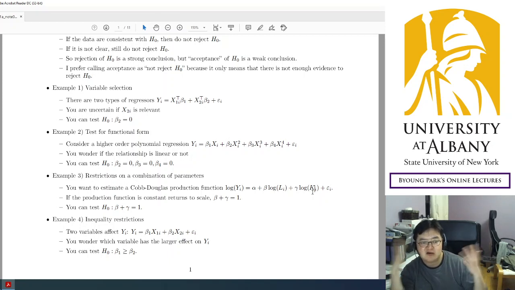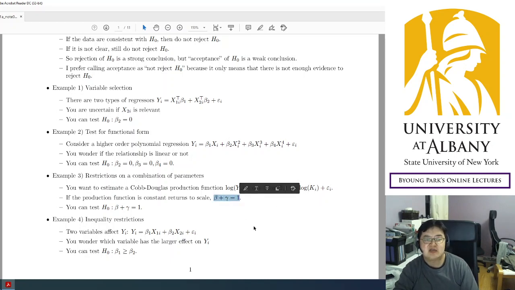Anyhow, whether there is scale economy or diseconomy. So suppose that you believe that it is constant returns to scale, which means the parameters for labor and capital sum to 1, and alpha is the total factor productivity.